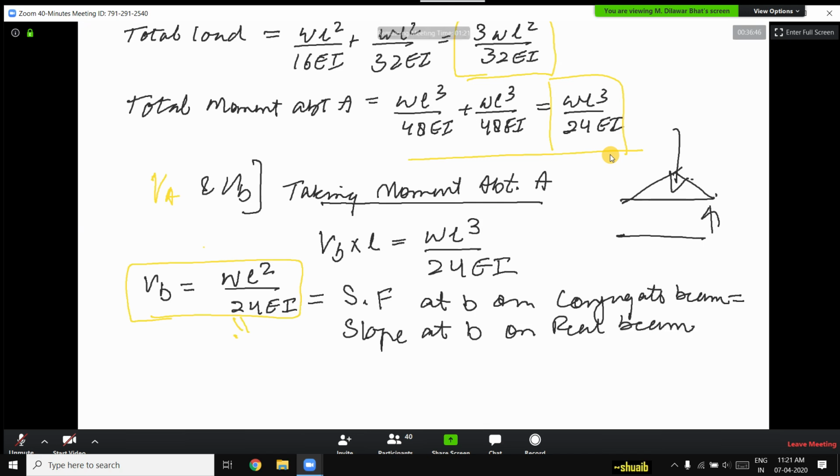Fine, good. Now we have to calculate VA. How much will be VA? This won't be equal here because we have different flexure rigidities, right?